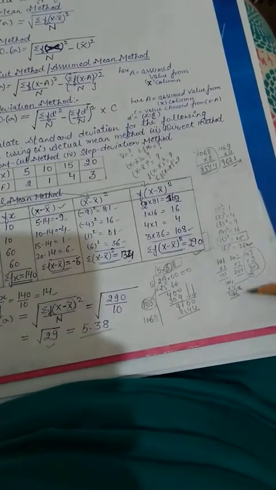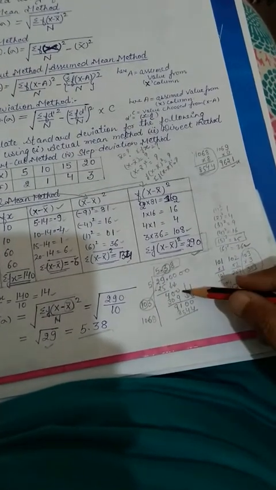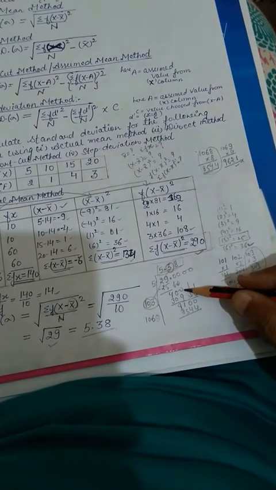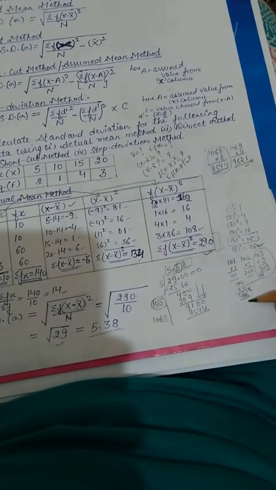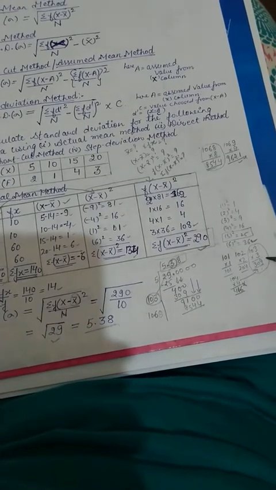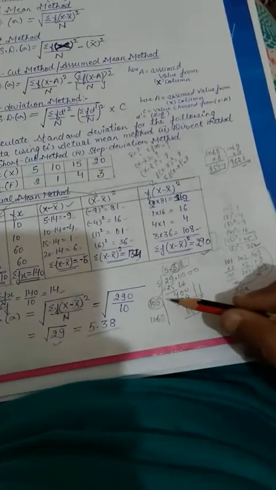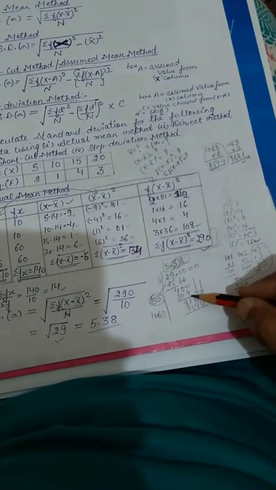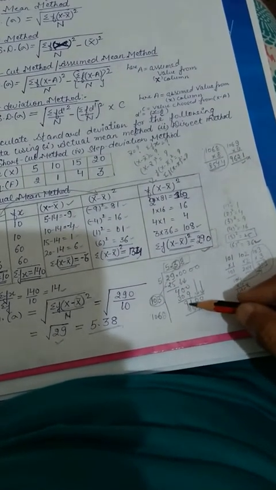You will find the answers and check which value comes below this, like you do in division. As 104 into 4 is greater than this, it cannot be used. We will use this value 309. It is at 3, so you will write here 103 into 3, that will give you 309. You will subtract it, you will get 91.